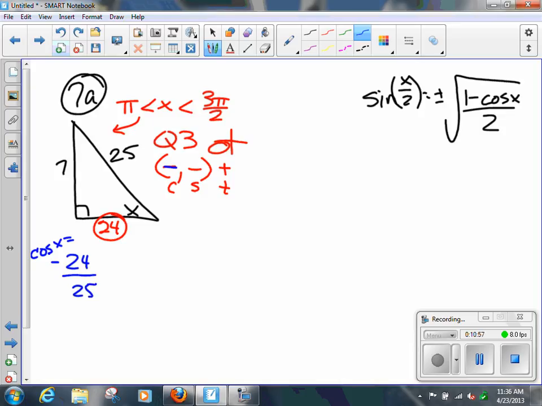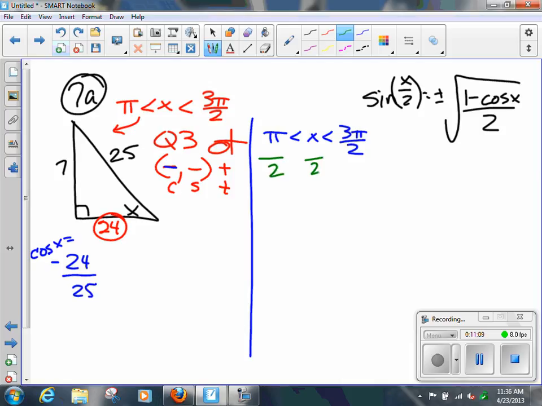Am I done with my prep work? No. On half angles, I literally have to go through and do what to this inequality? Divide by 2. When I do that, what is it providing me with? The signs for our half angle, which is our answer. 3 pi over 2 divided by 2, throw it in your calculator, and it gives you 3 pi over 4, which is what quadrant?